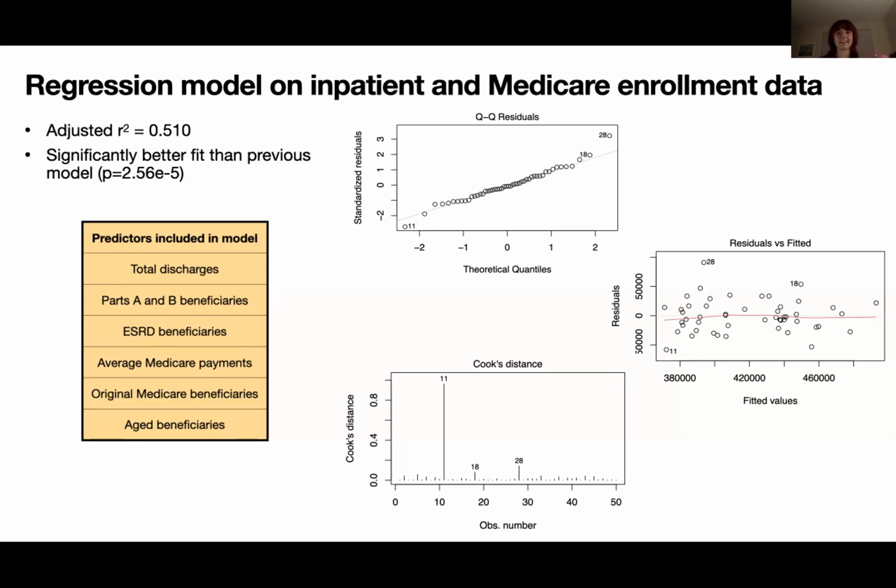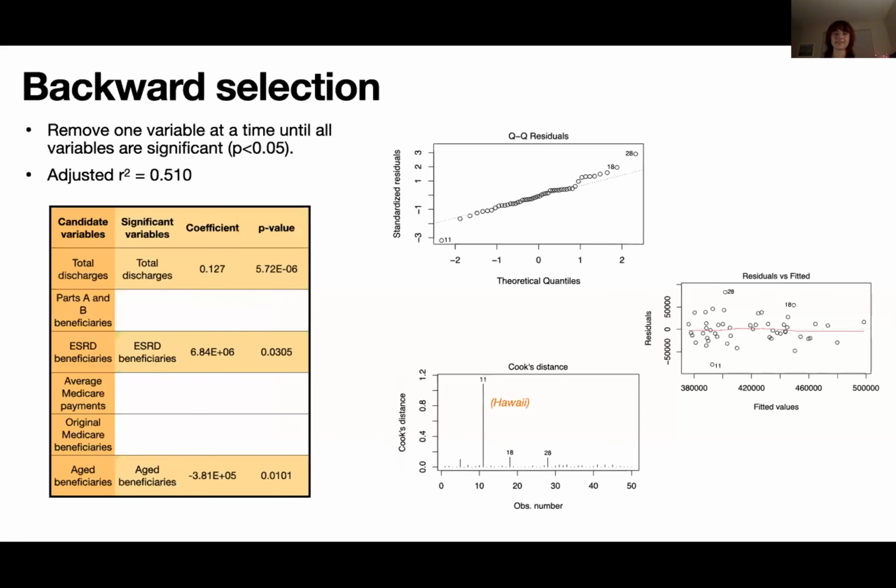But before that, I did backwards selection on this model to see what the most significant variables were that contributed to Medicare spending. And so I removed 1 variable at a time until all the variables were significant with a p-value under 0.05.